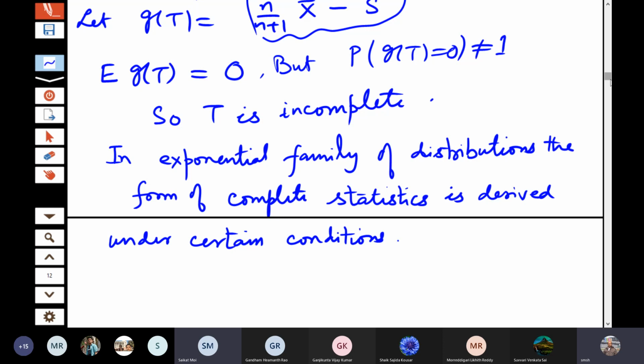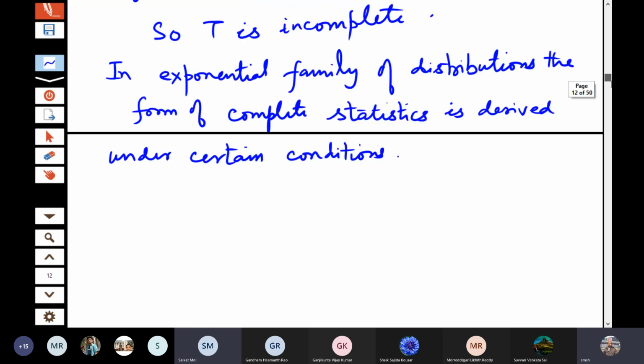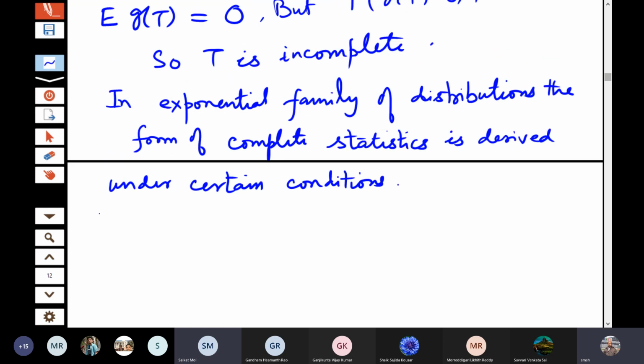Under certain conditions, the form of the complete statistic can be derived. So we have the following theorem.